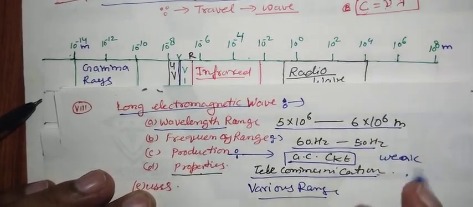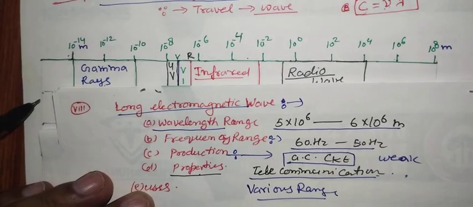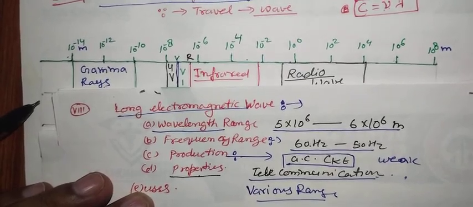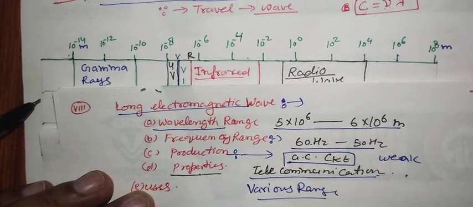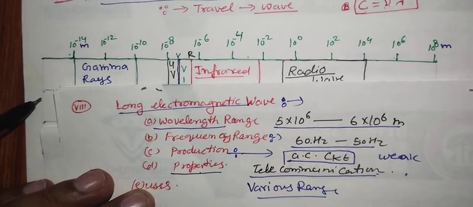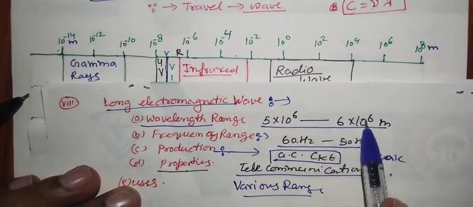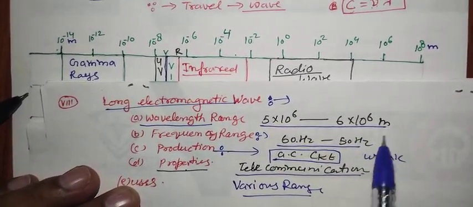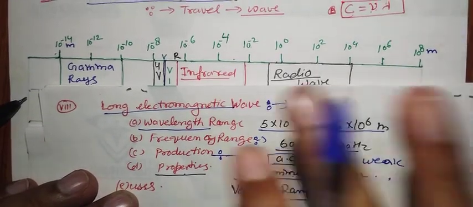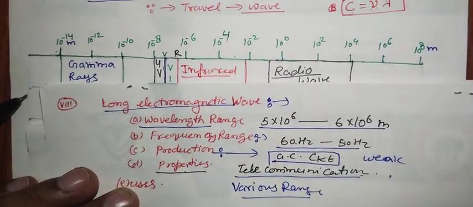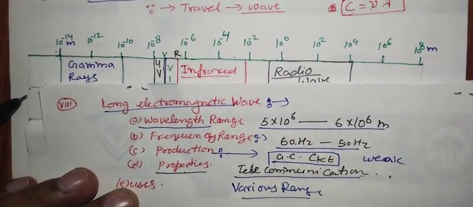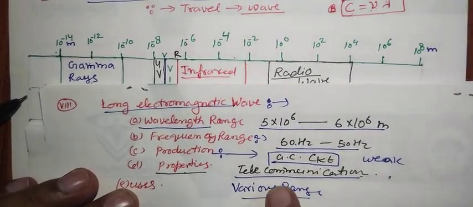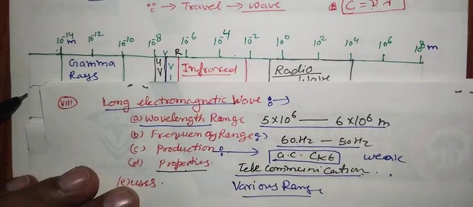These various ranges have names: extremely low frequency, very low frequency, medium frequency, high frequency, ultra high frequency, super high frequency, and extremely high frequency. Although it has a very small range, it is divided into a number of categories, and those categories are used to send different signals for different telecommunication purposes.